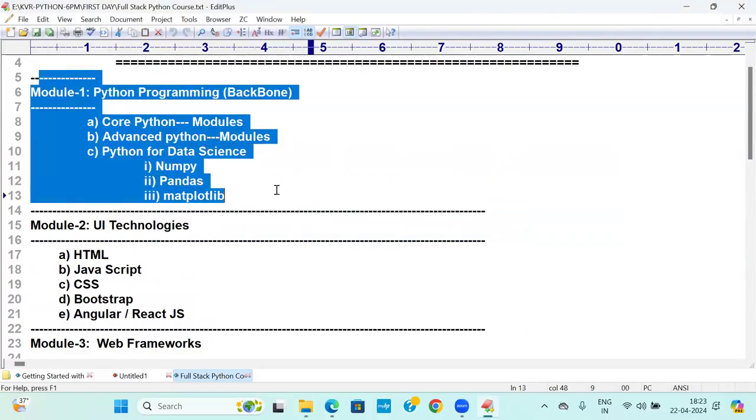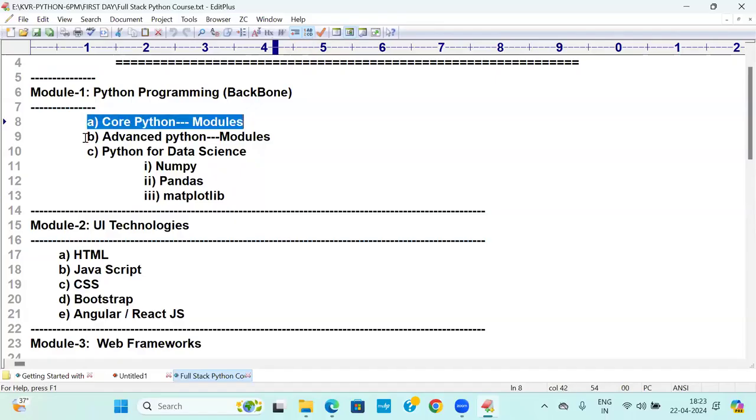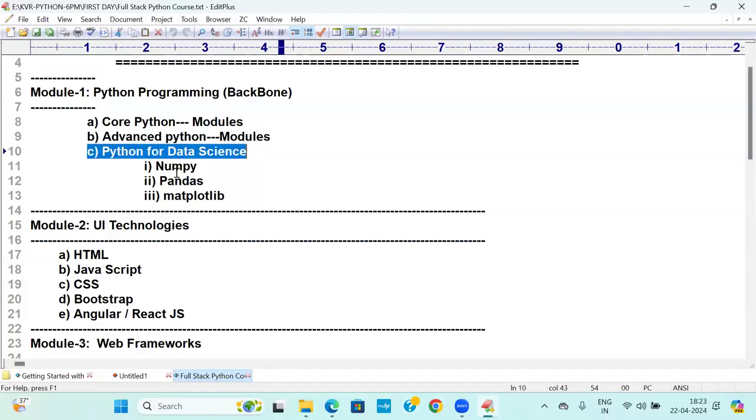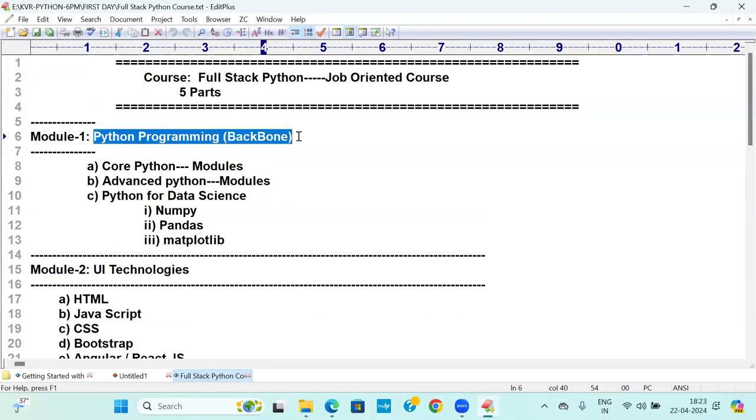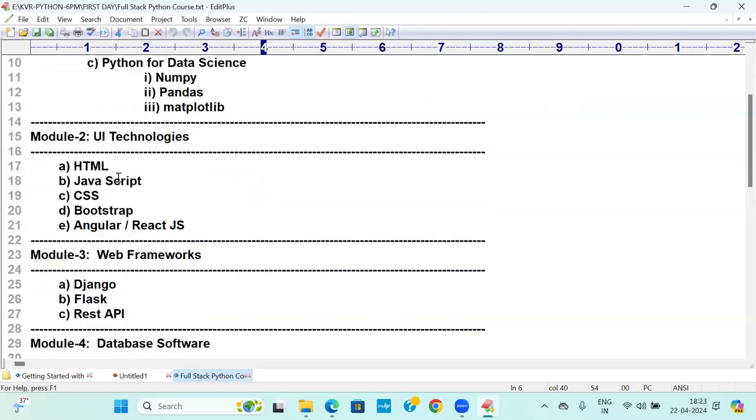Module 1 is Python programming, which covers core Python, advanced Python, and Python for data science: NumPy, Pandas, Matplotlib. This is module 1, the backbone for Python programming. Next, module number 2, UI technologies: HTML, JavaScript, CSS, Bootstrap, Angular or React.js.